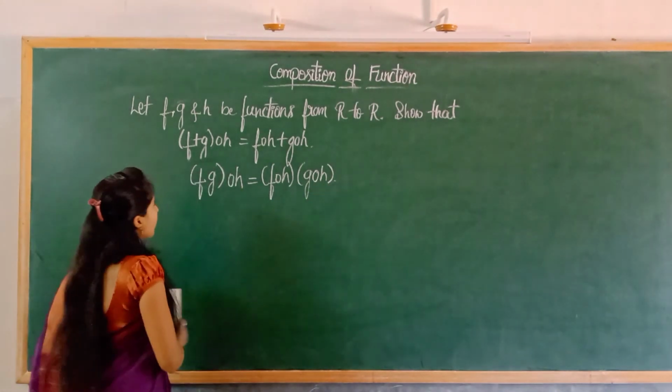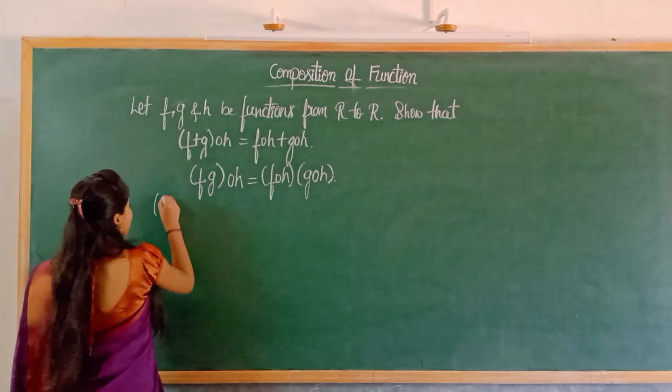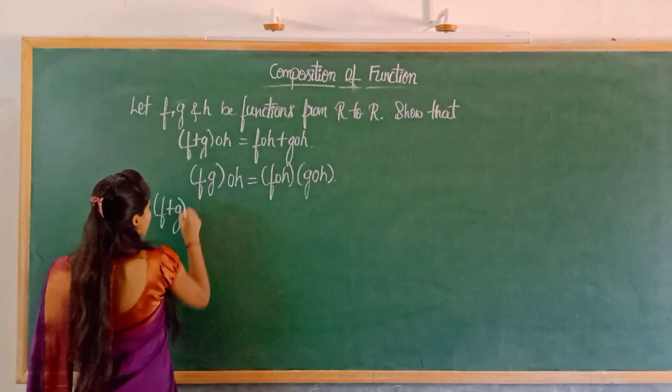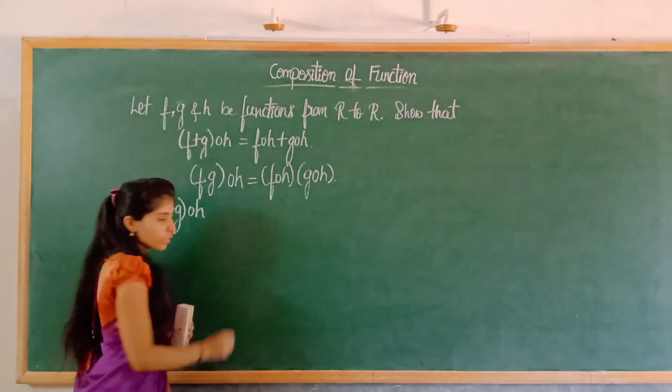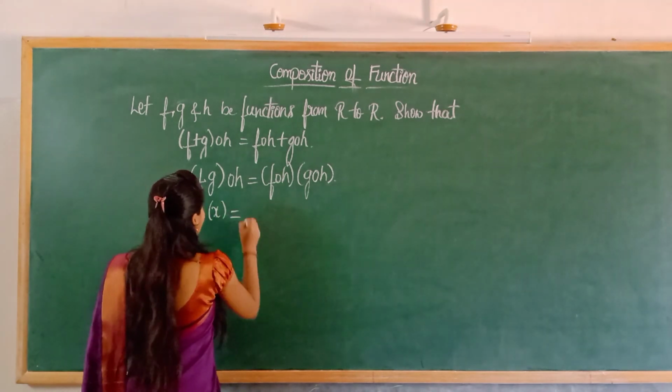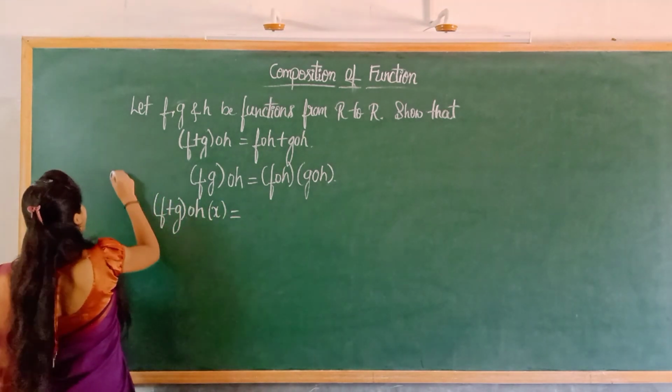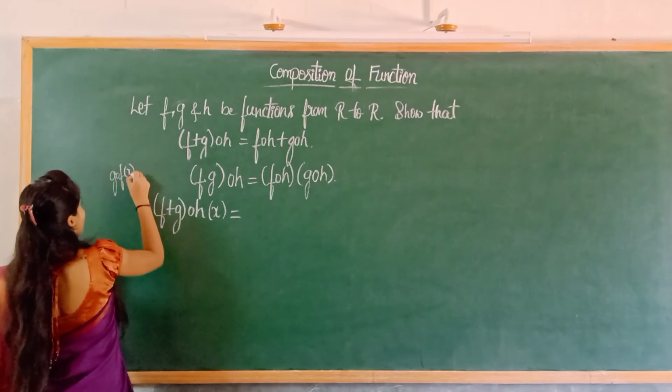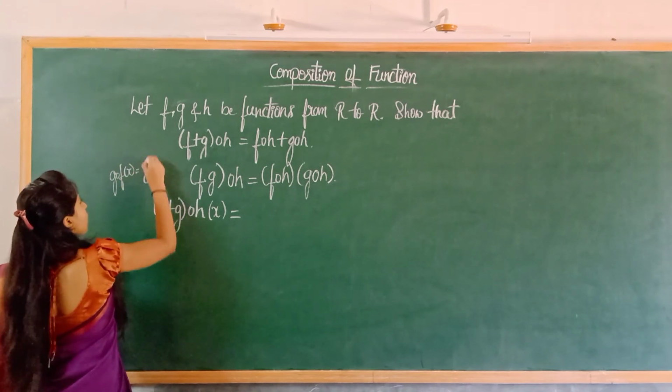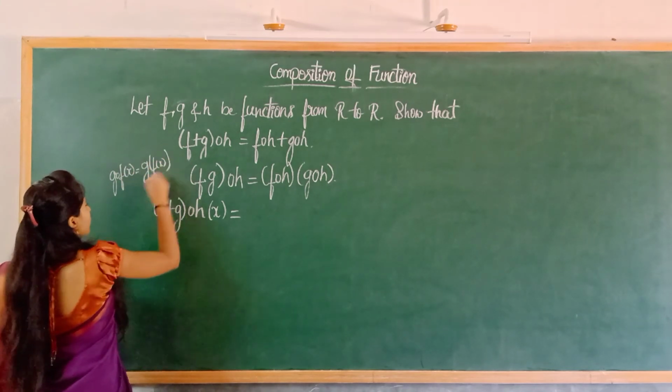One by one we will prove now. First one, I will take f plus g composition of h of x. For that, how are we going to write? It is g of f of x.